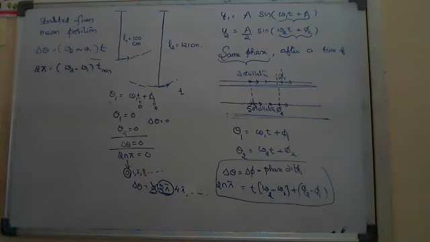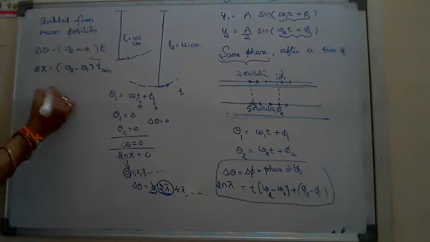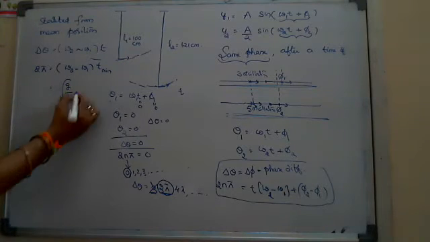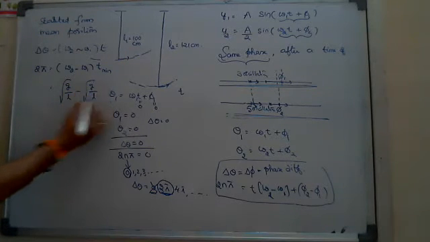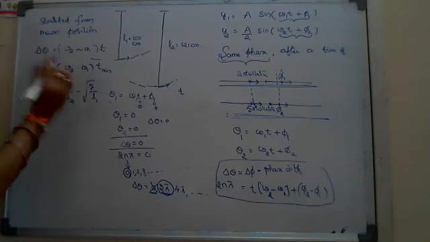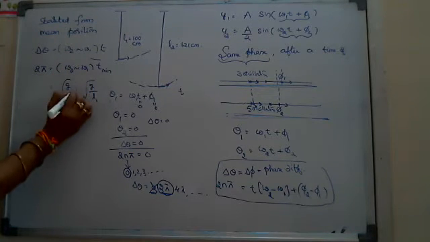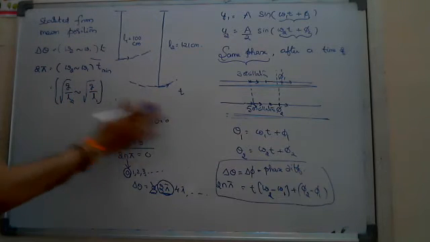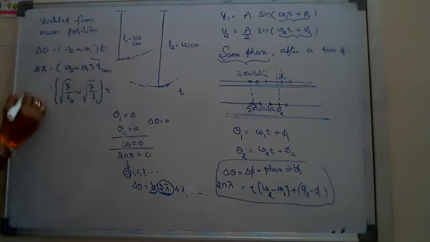Then you can find out what that minimum time will be. Omega in the case of a simple pendulum is root of g by L, so root of g by L minus root of g by L, whichever is bigger, that one I write first, the difference, into t minimum. You will get the answer here.